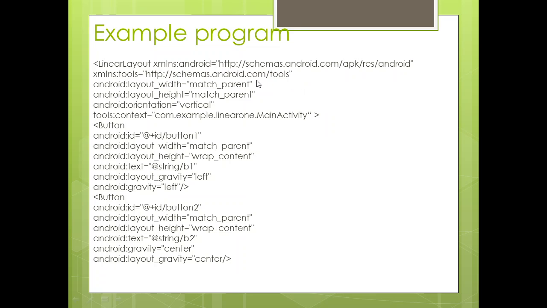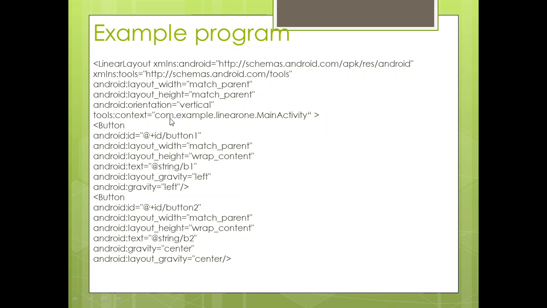Here I am giving the layout width and height in the same XML code. Android layout underscore width is equal to match parent. We can give match parent or wrap content, or else we can give measurements. I am giving match parent over here for height and width, and the orientation would be vertical.